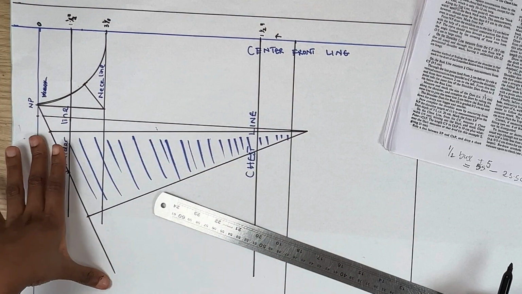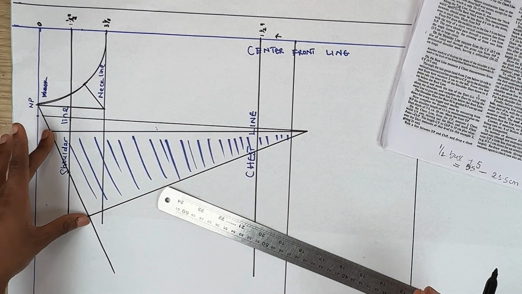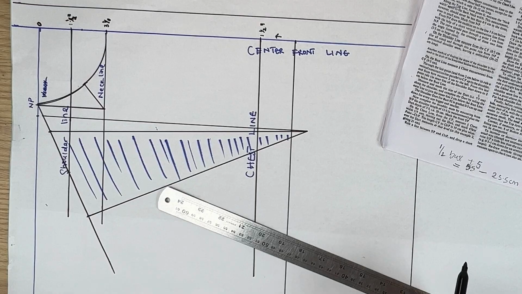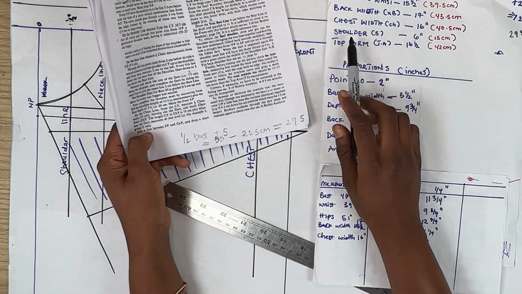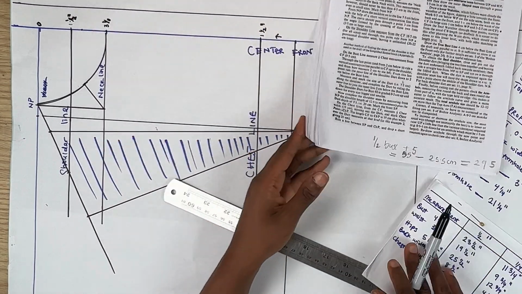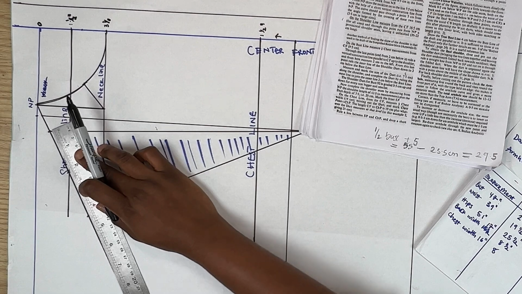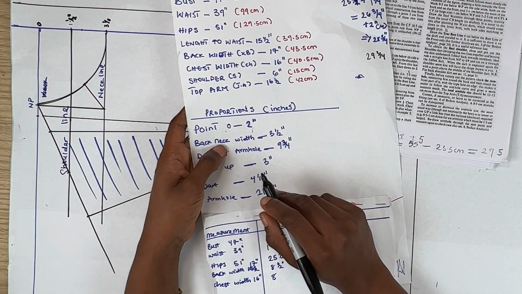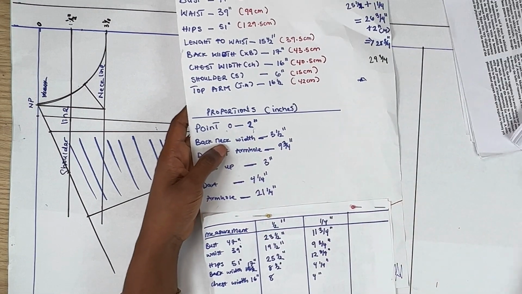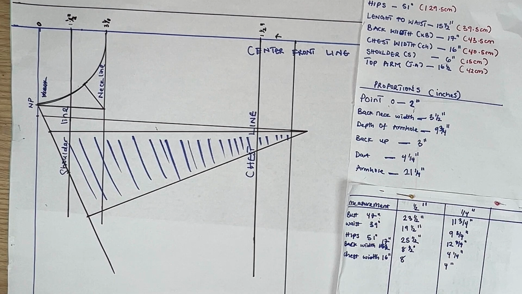Now to get the final shoulder length, whatever the shoulder length is, you add the size of the dot to it to get the final shoulder length. In this case, our shoulder length was 6 inches, and our dot width was 4.25. So 6 plus 4.25 makes 10.25 inch. So our final shoulder is going to be 10.25 inch.